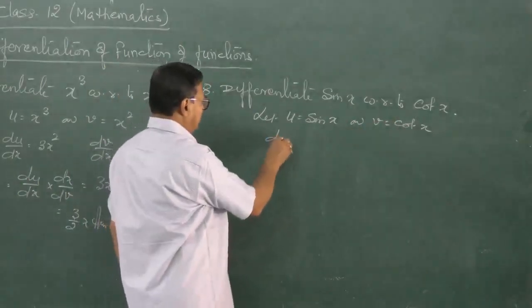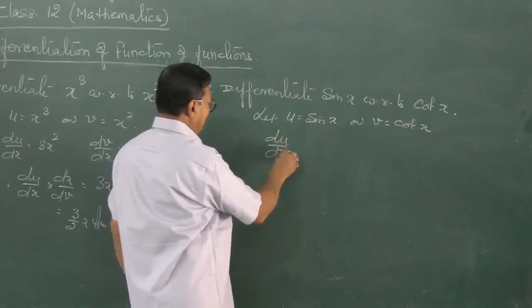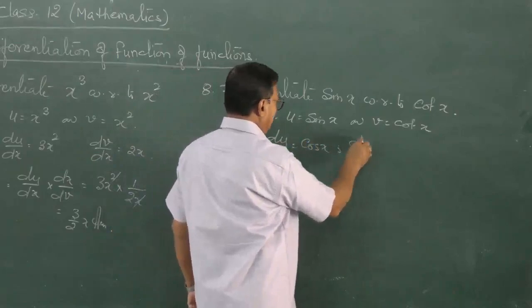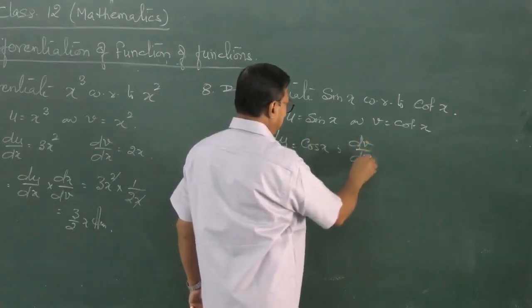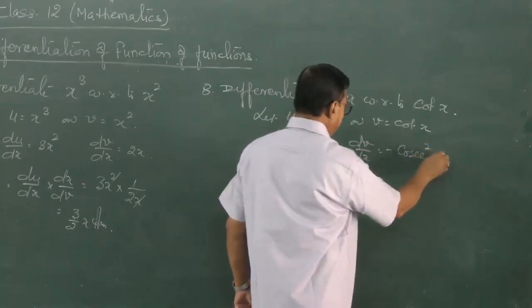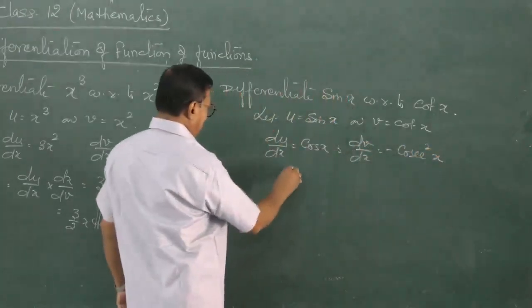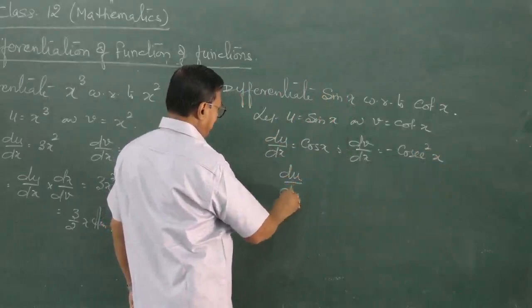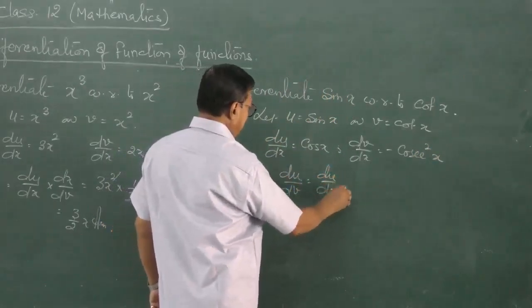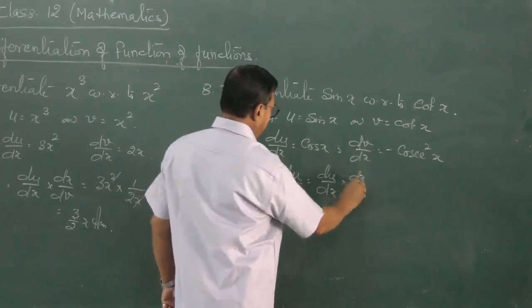So we get du by dx, that is cos x, dv by dx is minus cosec square x. So du by dv, which we have to get, is du by dx into dx by dv.